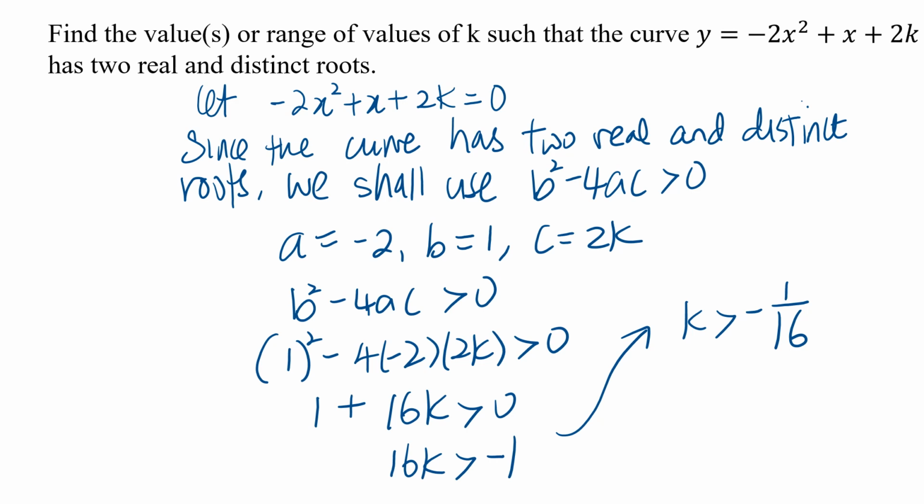So let's do a summary again. Real roots means the value of b squared minus 4ac is more than or equal to 0. No real roots means the value of b squared minus 4ac is less than 0. Two real and distinct roots means the value of b squared minus 4ac is more than 0. Two real and repeated roots means the value of b squared minus 4ac is equal to 0. Okay, so that ends the video here.